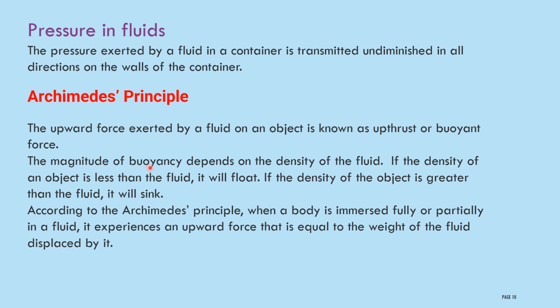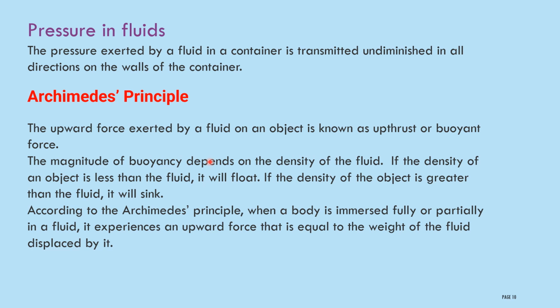The magnitude of buoyancy depends upon the density of the fluid. How much force is applied by a fluid depends upon the density of the fluid. If the density of an object is less than the fluid, it will float on the upper surface of the water.